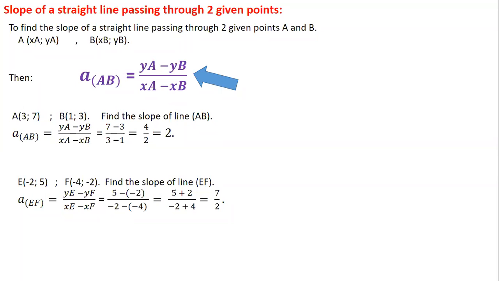To find the slope of a straight line passing through 2 given points, A and B. A has XA and YA. These are the abscissa and the ordinate of A, right? B has XB and YB. These are the abscissa and ordinate of B. So we have 2 points A and B. We know that the straight line passes through A and B. We will determine its slope.